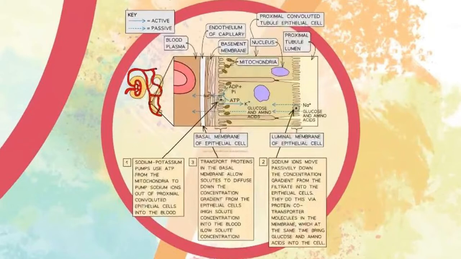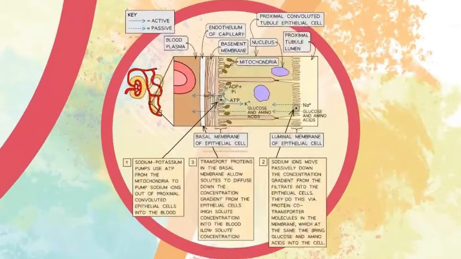So just to conclude this section on selective reabsorption in the proximal convoluted tubule, all glucose in the glomerular filtrate must be reabsorbed into the blood. However, waste products like urea don't need to be. So the glucose is reabsorbed by co-transport from the epithelial cells of the proximal convoluted tubules back into the capillaries.